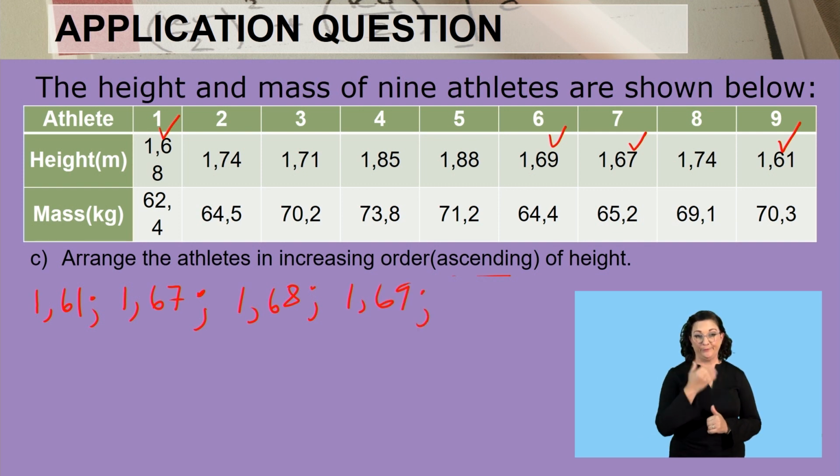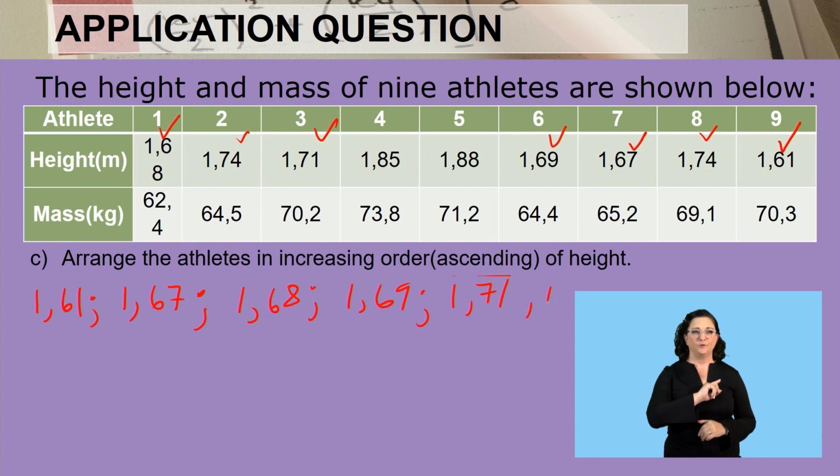Who follows? 1.71, athlete number 3. Then we have 2 and 8, who are the same height, 1.74. We write it twice because there are 2 people who are 1.74 meters tall.